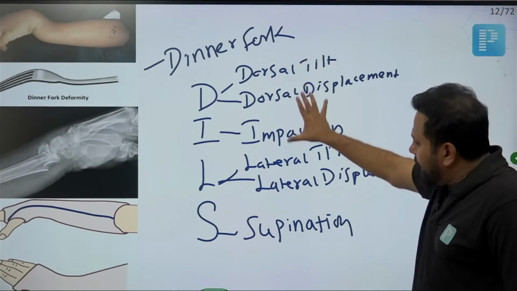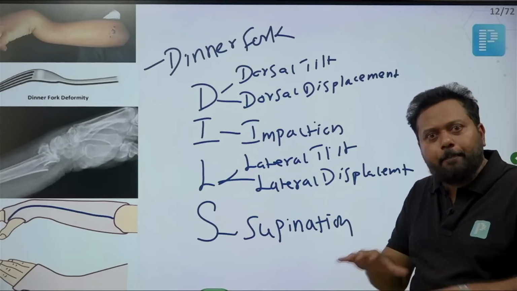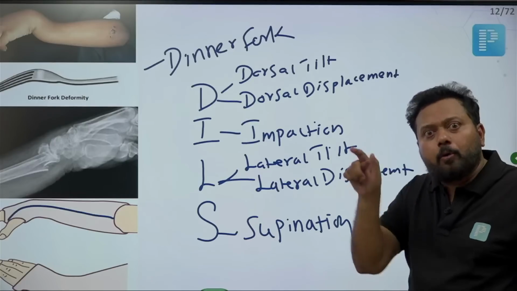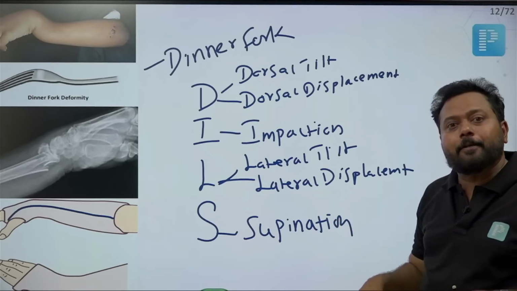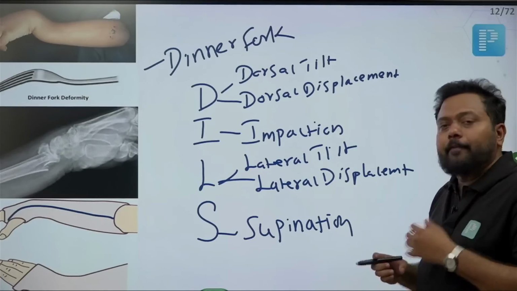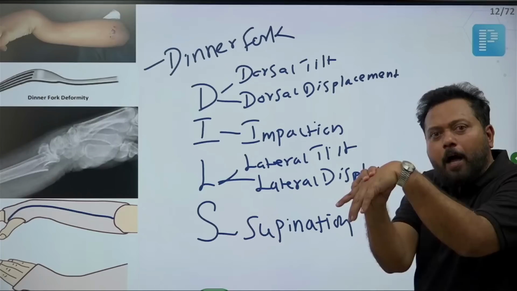When you understand this, when you give counter forces and reduce and apply a POP slab, that is called Colles cast. You should neutralize all these displacements. Yes or no? Very, very simple. Dorsal tilt and dorsal displacement are neutralized by palmar flexion.